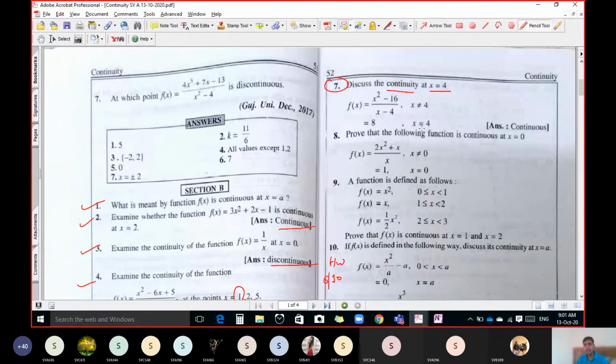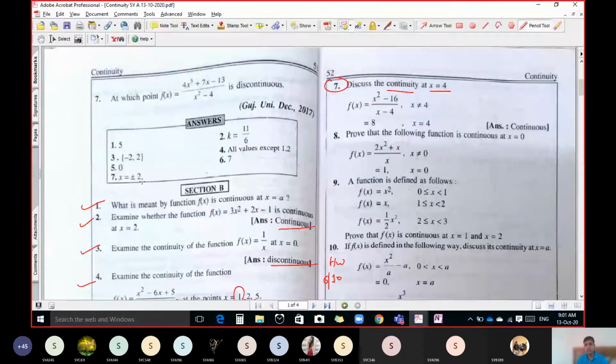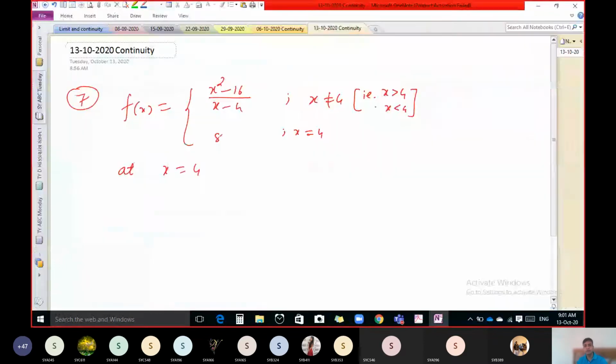And at x equal to 4, the value of function is 8. So when x is 4, the value of function is 8. And we have to check continuity at x equal to 4. This is the question. We have to check whether the function is continuous at x equal to 4 or not. So let us start. We know that we have to check three conditions.